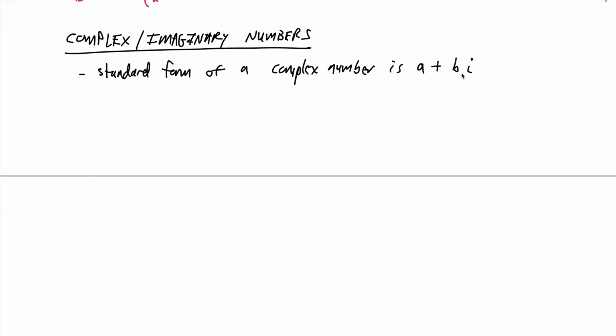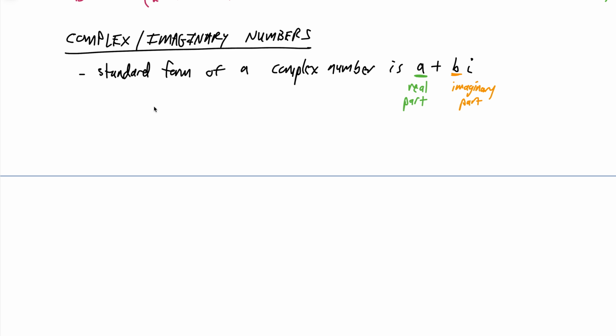Okay, a plus bi. So in this case, the a value is the real part. So this a value here is the real part of this complex number. The b value is the imaginary part.